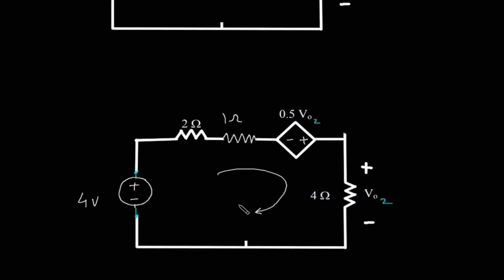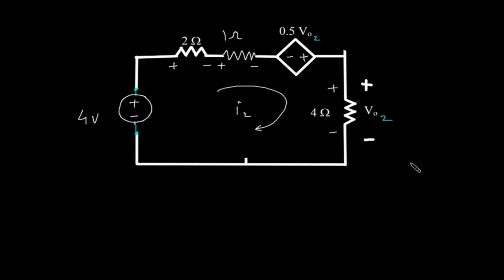Let's say this is current I2. This will be positive, negative, positive, negative, positive, negative. So here we will apply KVL to the loop. Let's say we will start from here. So this will be minus 4, then plus 2I2 plus 1I2.